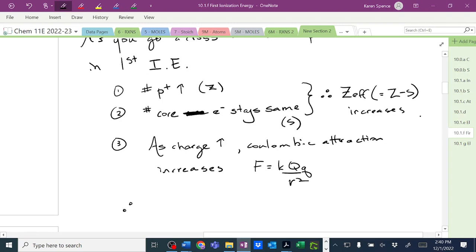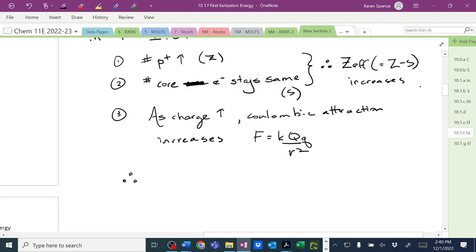Therefore, what can we say about those outer electrons? They are held more tightly.